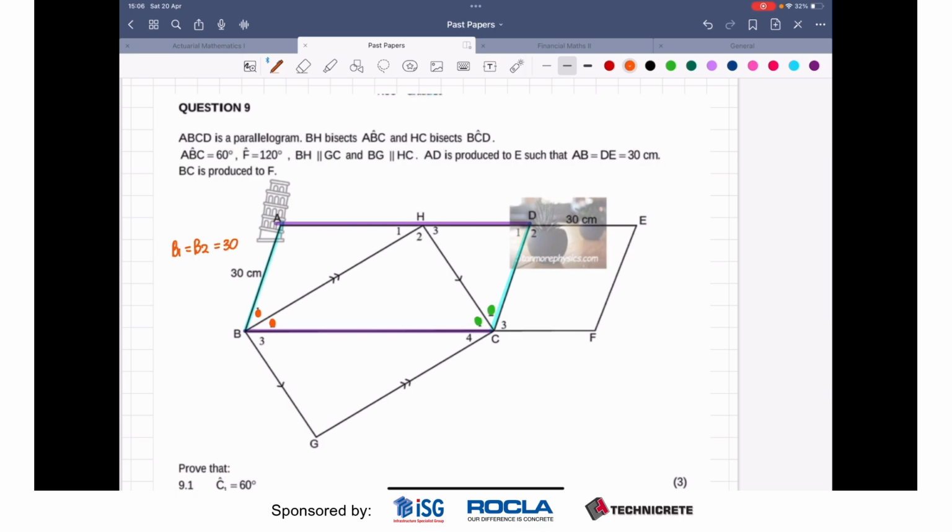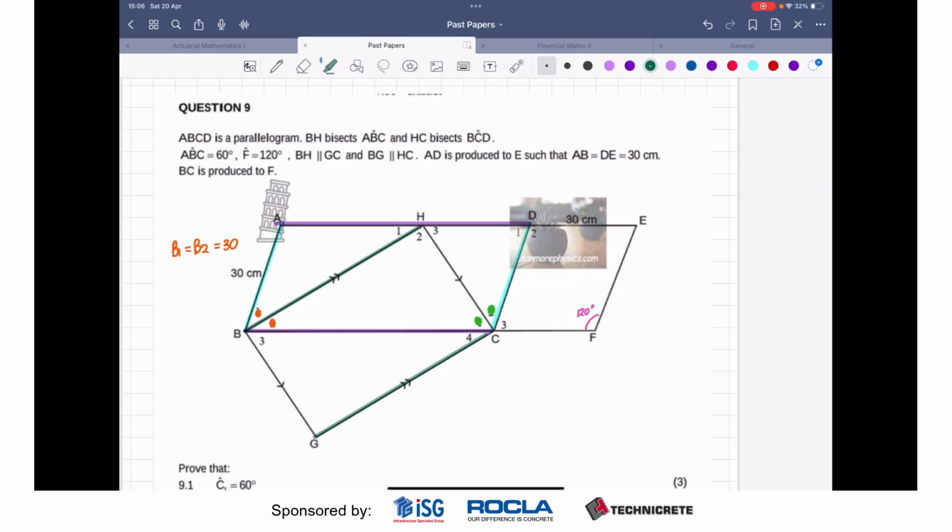And we're told that angle F, that one is 120 degrees. And we have that BH is parallel to GC, which is these two.